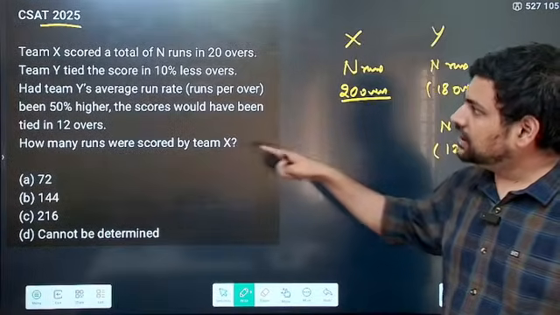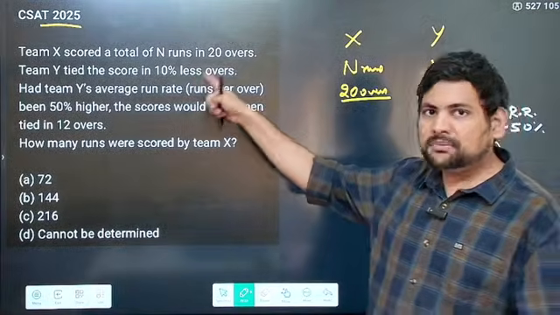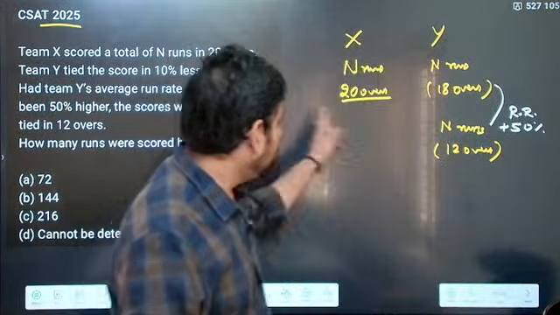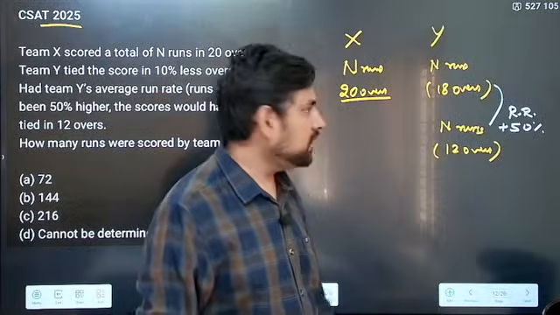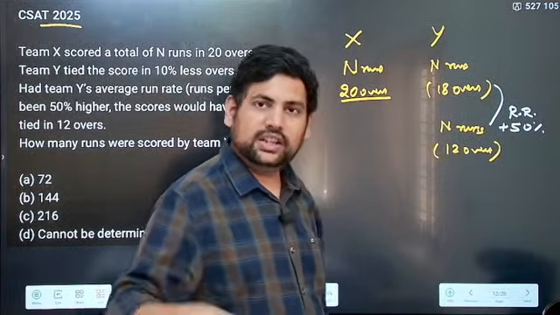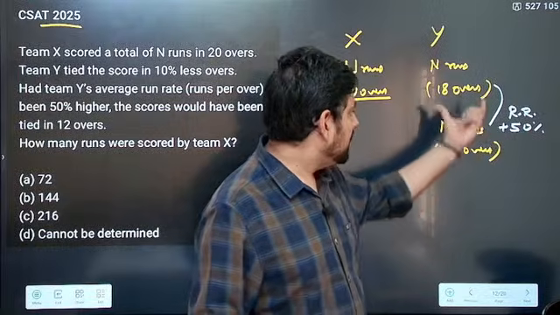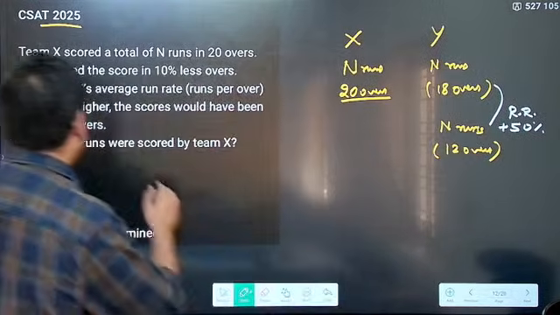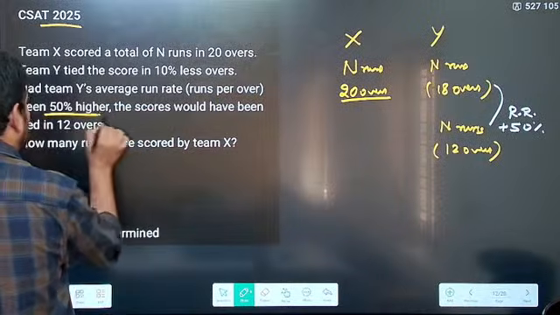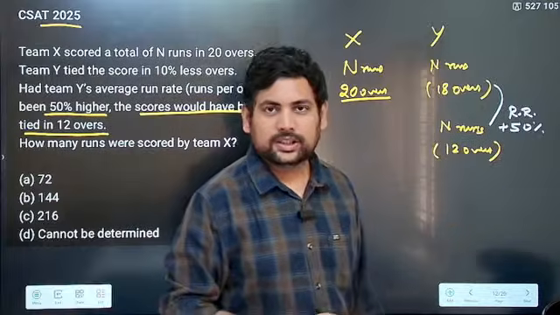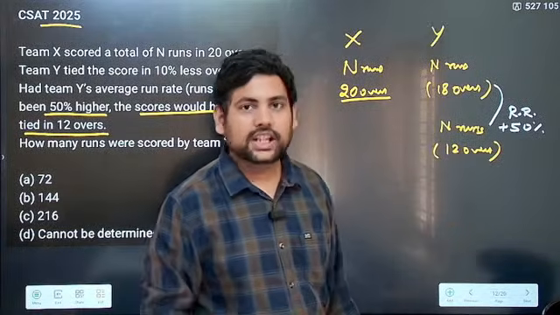This I have written. Then Team Y tied the score in 10% fewer overs. So 10% of 20 is 2, correct? So I subtracted 2. I say that in 18 overs they scored n runs. Then the question says if the run rate was 50% higher, the scores would have been tied in 12 overs. Correct? This is what is given.